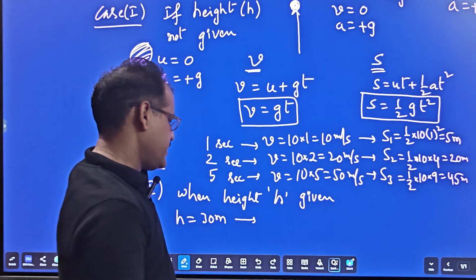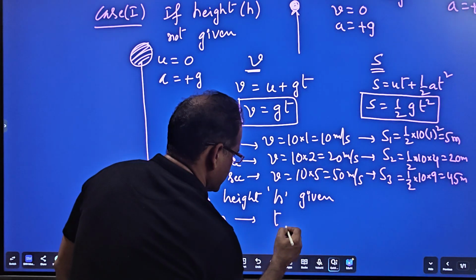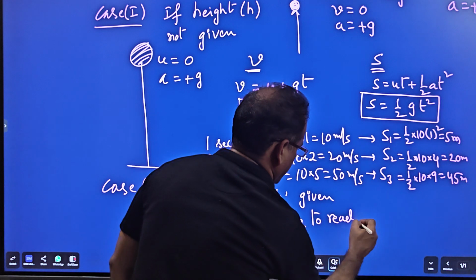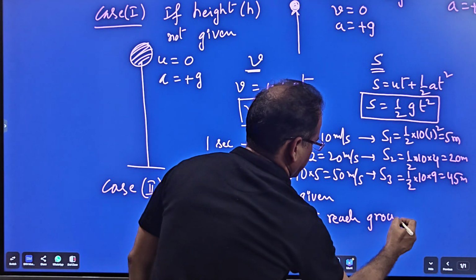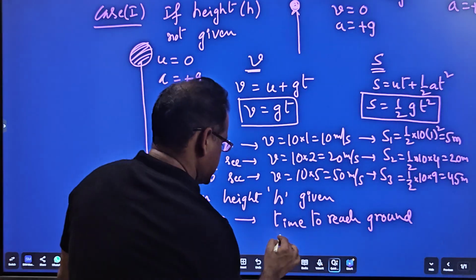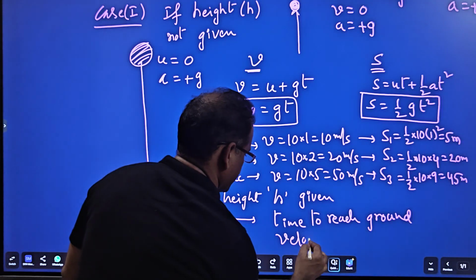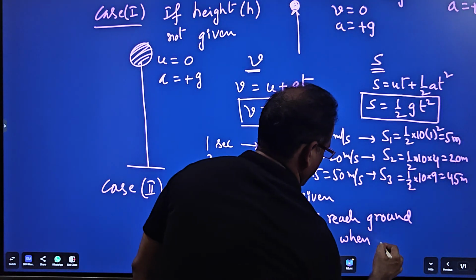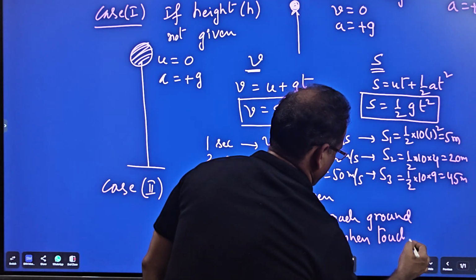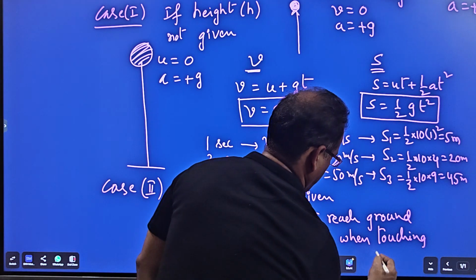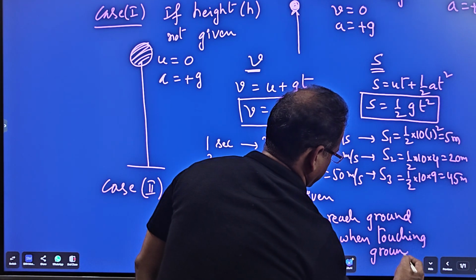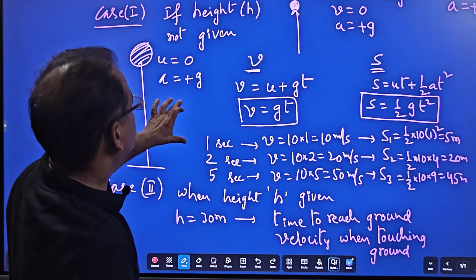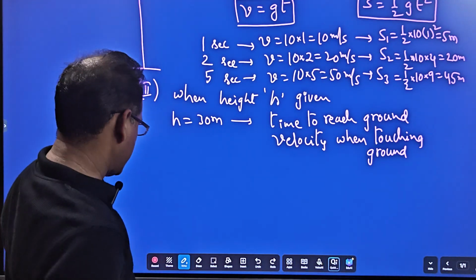So these questions may be asked: time to reach ground, or velocity when touching the ground. Let us calculate these two with respect to this case. I am showing now how to calculate these values.